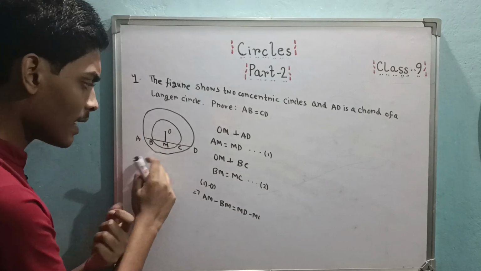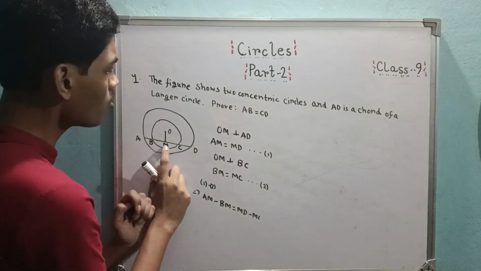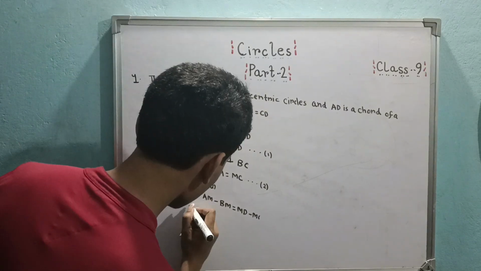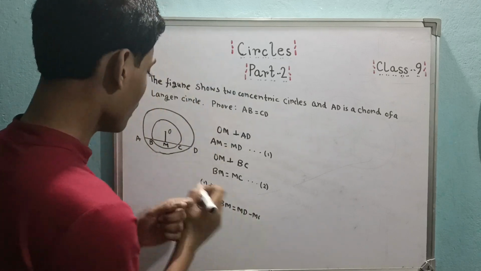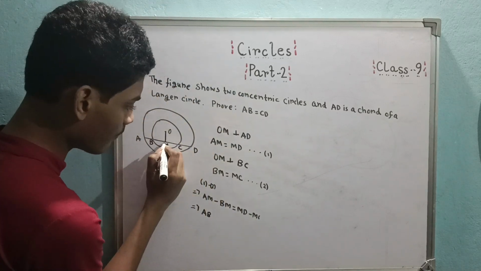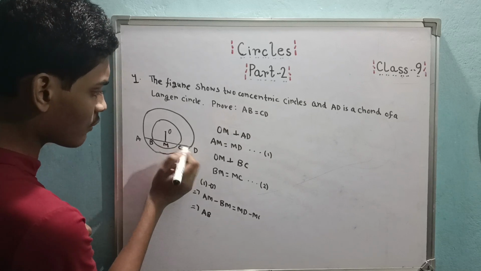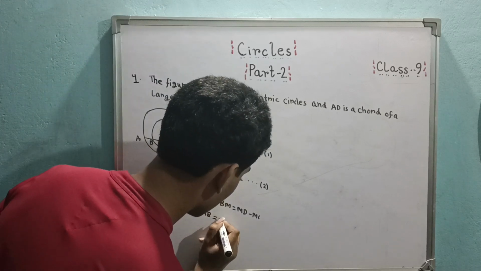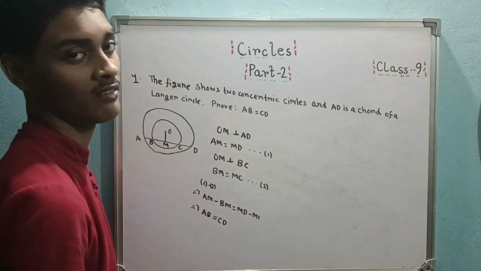AB. That's quite easy to understand. So AM minus BM is equal to AB. Similarly, from MD if you remove MC, you have CD. From MD you are removing this part, so you have this part remaining, which is CD. My hand wants to stop, because I found the correct answer.